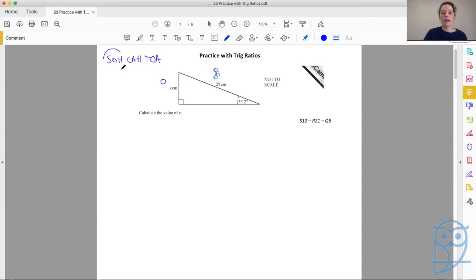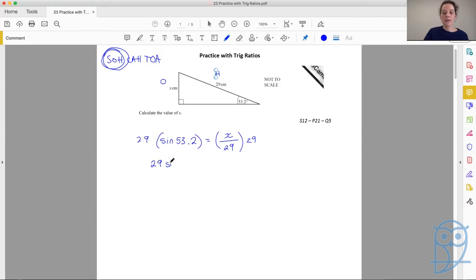We want O and H, so we're working with sine. So in this case, we would have sine of 53.2 equals opposite over hypotenuse. So x over 29. So very similar to what we've done. We want to get rid of that 29, so we multiply both sides by 29.